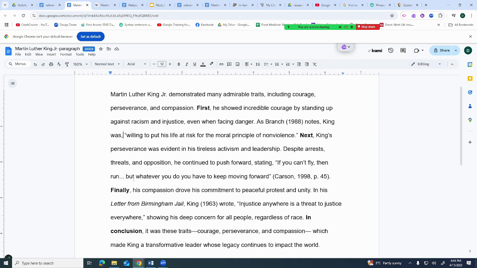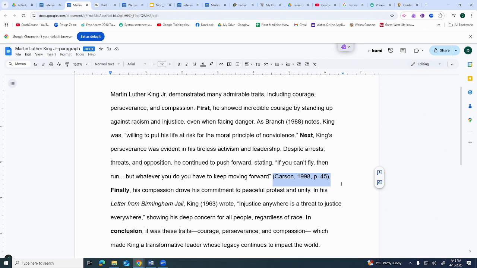You don't have to put it all in there. But whatever you do, you have to keep moving forward. And so this is what most often we'll find, our in-text citation, right? Mark the difference between this and the one we looked at previously. Here we have the author, Carson, the year of the book, and then the actual page number.